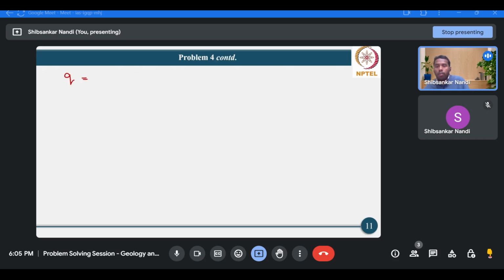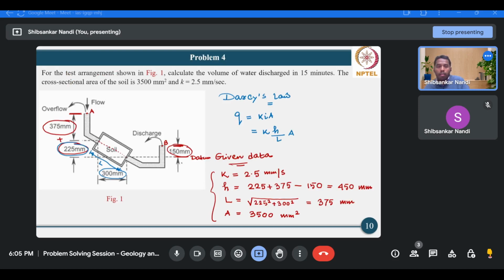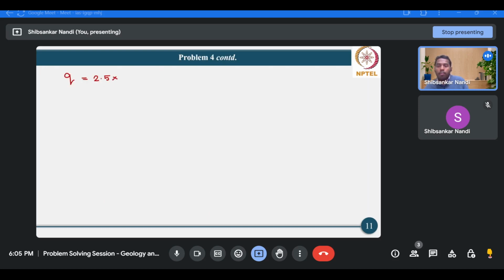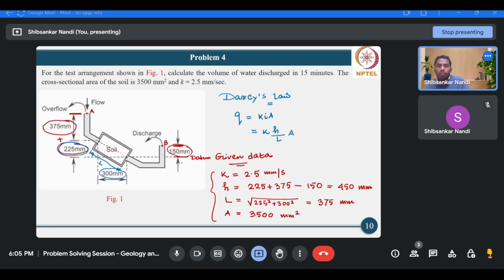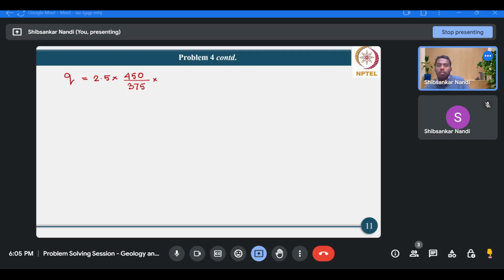Okay, so we'll now substitute these values in the equation. So K value is 2.5, then H upon L, that means 450 by 375, multiplied by 3500.